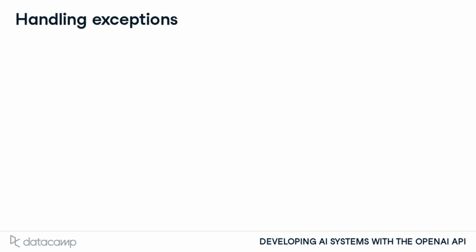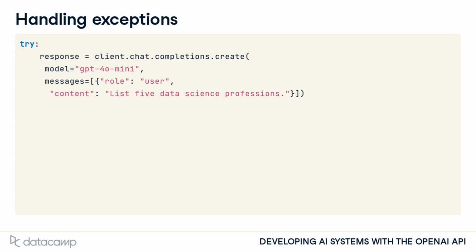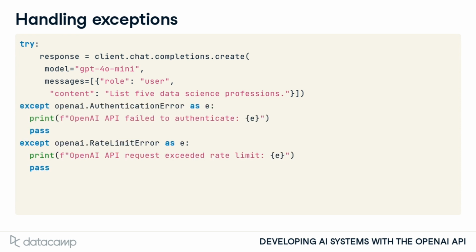To manage unanticipated exceptions, we use try and except blocks to allow our program to continue to run. Let's take a look at an example. By encapsulating our function call within a try block, we attempt to execute it. First, there is an attempt to execute the code within the try block. If an error occurs during this execution, the code looks for an except block that matches the type of error that occurred.